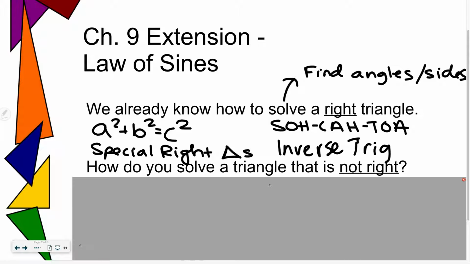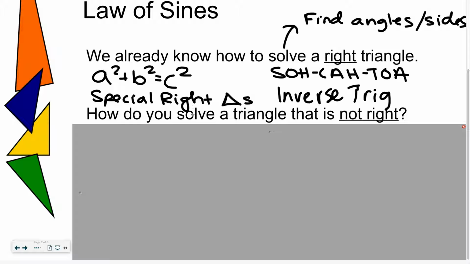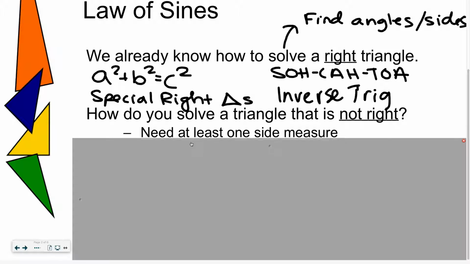Okay, so in order to solve a triangle, find its missing sides and its missing angles, it must be true that you know at least one side.